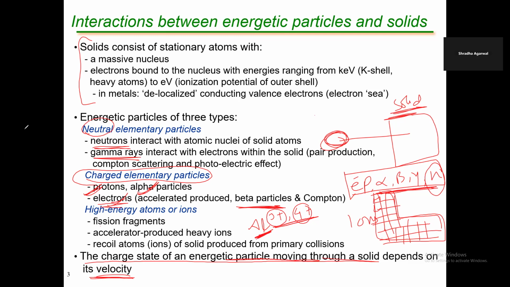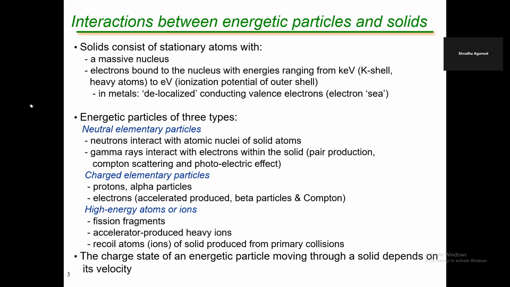So overall, what I'm trying to say through these slides is, we have a solid, we have the particle that is getting in, and this particle could be of three types, right?